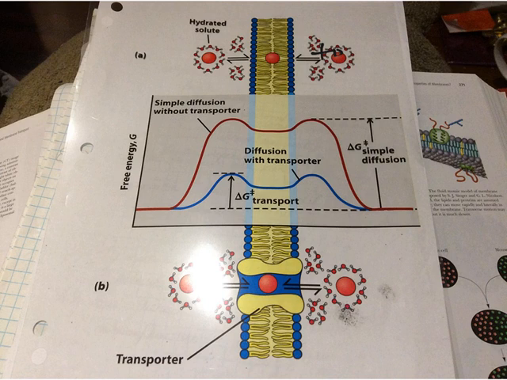So up here in part A, we've got this polar solute that's hydrated. It's surrounded by water molecules. So process-wise, in order to make it pass through that cell membrane, you've got to rip all of those water molecules off, pass that charged solute through the middle of the nonpolar bilayer, and then rehydrate that polar solute with water molecules.